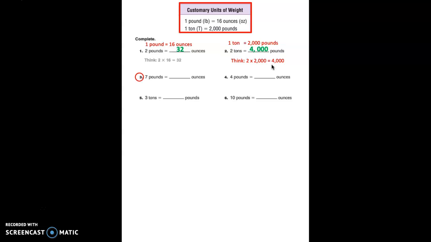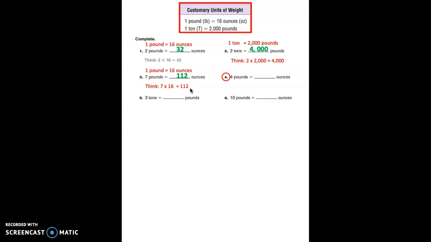Number 3, 7 pounds equals blank ounces. I know 1 pound equals 16 ounces. So I need to think, that's 7 times 16 ounces equals 112. So 7 pounds equals 112 ounces.